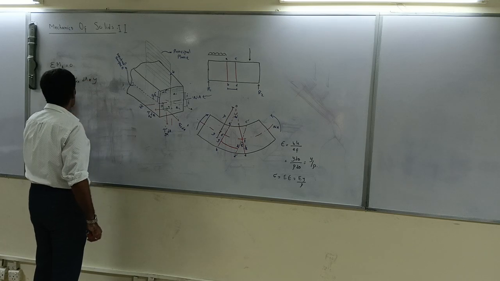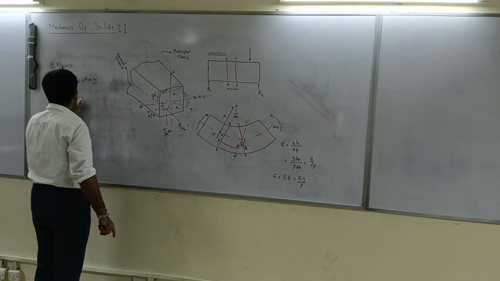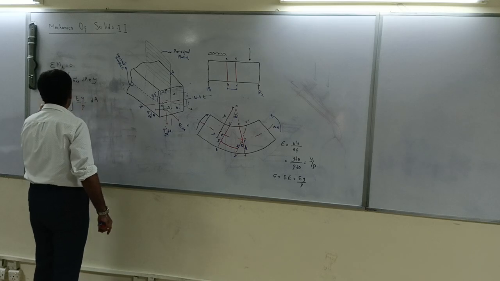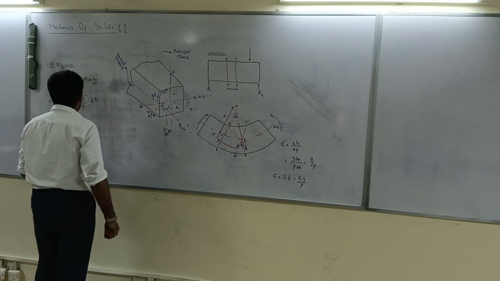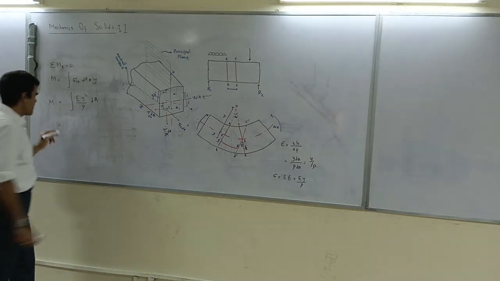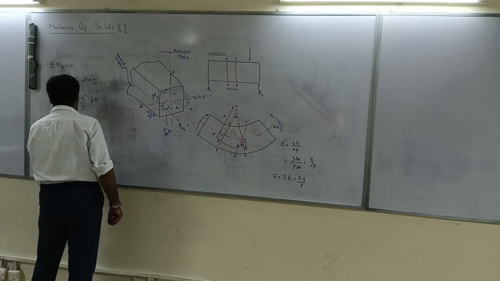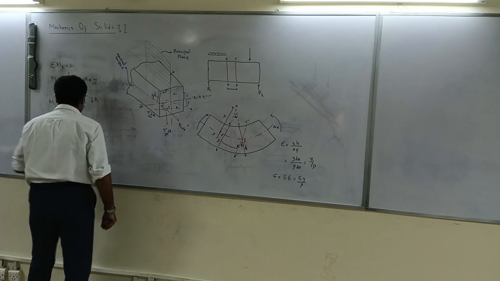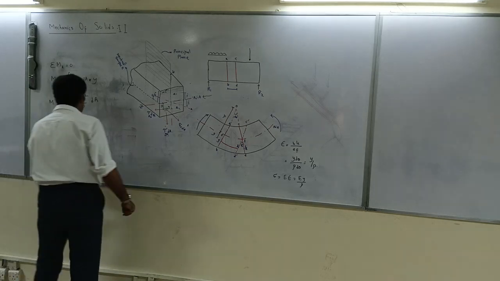And stress xx is E y squared by rho dA. Yes, done in MOS 1, y squared dA is actually the second moment of area. So you can also call it the moment of inertia.